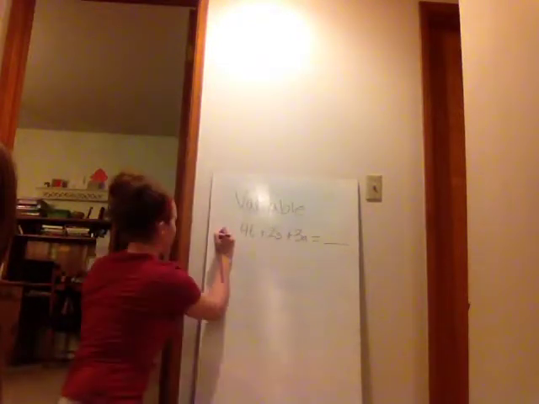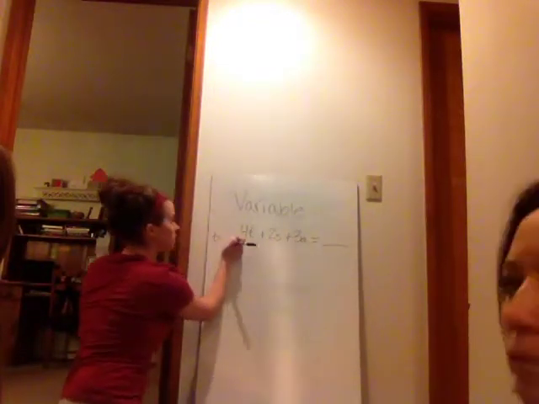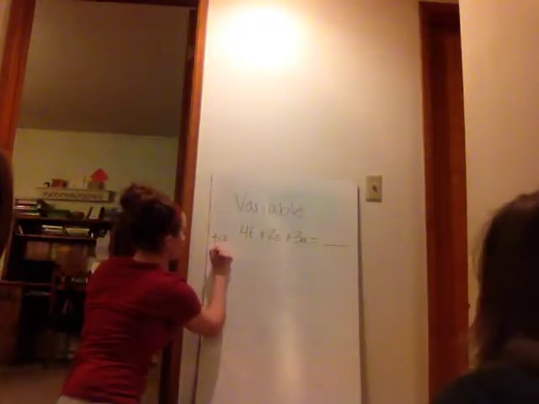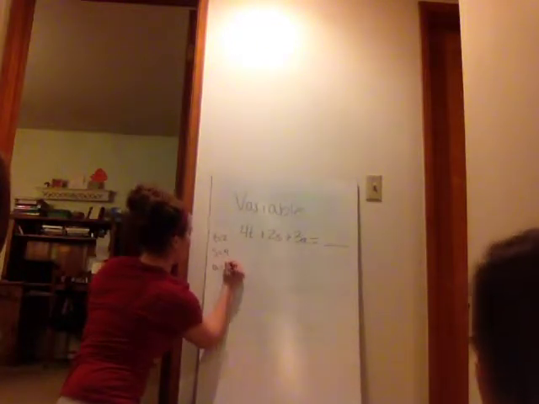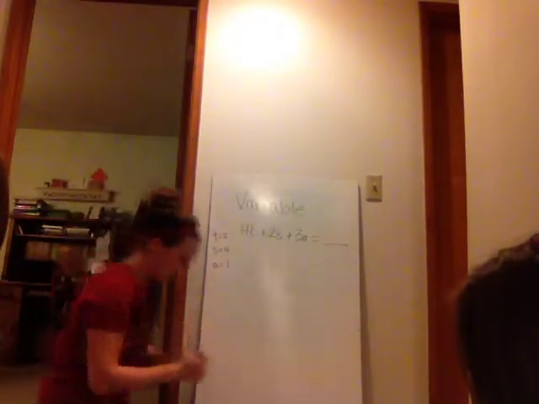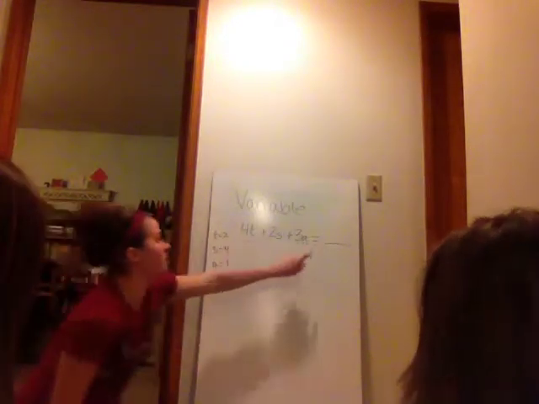And I'm going to say t equals 2, s equals 4, and a equals 1. Okay? So I want you guys to take this piece of paper, and the best that you can, I want you to solve this equation. And at the end, you're going to tell me what answer you got.